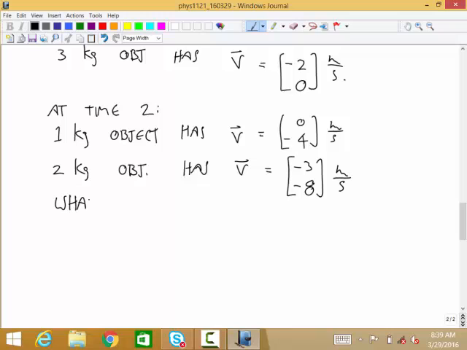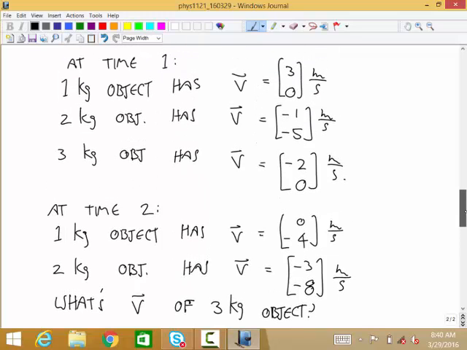And the question is, at time 2, what's the velocity of the 3 kilogram object? Okay? So you can erase that stuff and see if you can figure this one out.